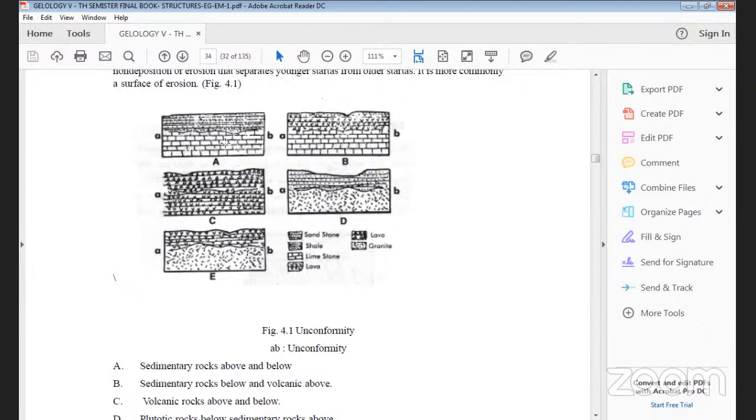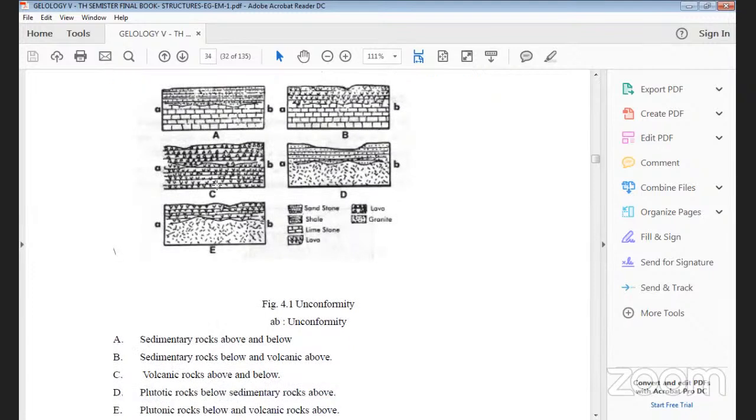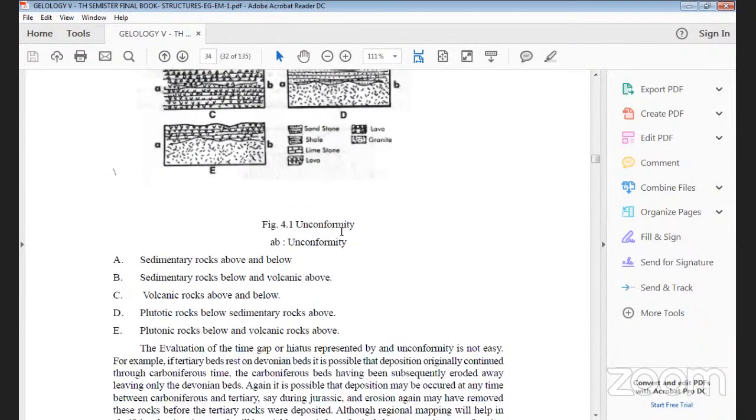When you come to C, there are volcanic rocks on both sides, above and below. And in D, it is a plutonic rock below, and above it has a sedimentary formation. In E we see plutonic rocks below and rocks above.